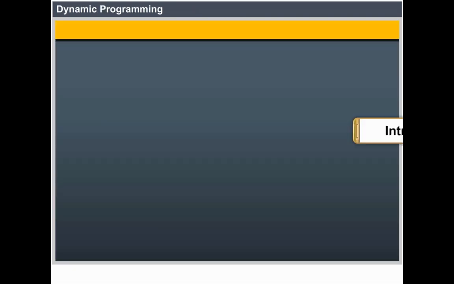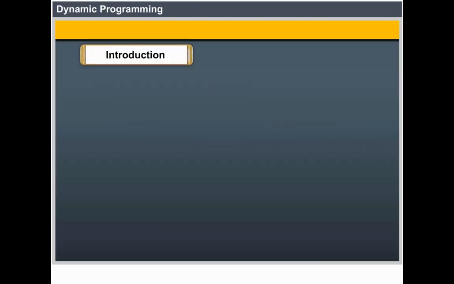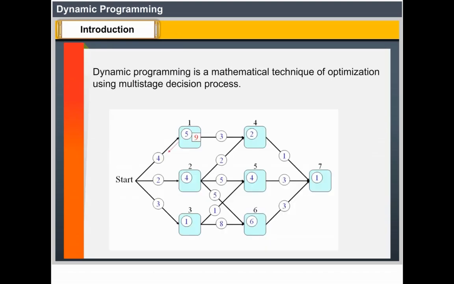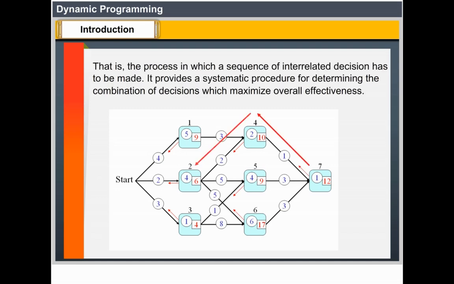Dynamic Programming Introduction. Dynamic programming is a mathematical technique of optimization using a multi-stage decision process. That is, the process in which a sequence of interrelated decisions has to be made. It provides a systematic procedure for determining the combination of decisions which maximize overall effectiveness.